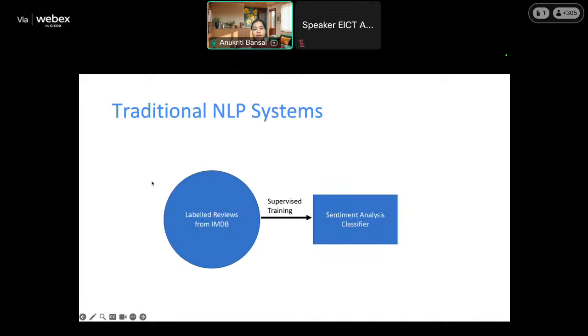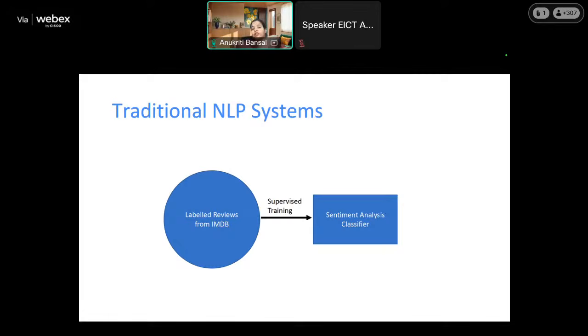So suppose I want to do a sentiment analysis task. What I need is labeled reviews. These labeled reviews could be from IMDb, or labeled tweets from your Twitter data. And the important thing is that these are labeled data sets.